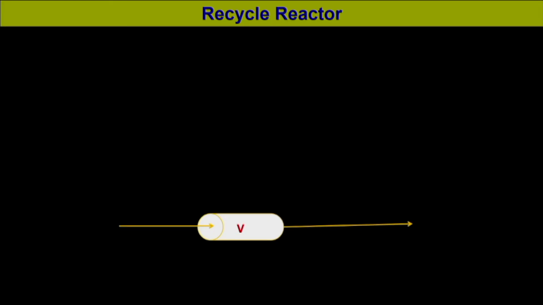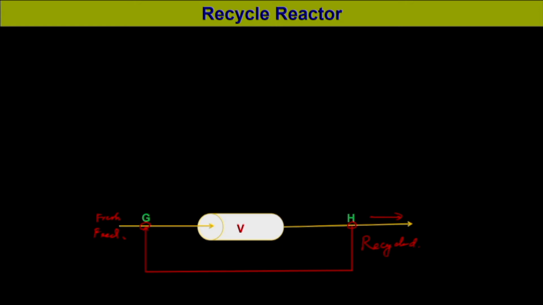Let us consider this is the volume of the reactor V, and part of the product is recycled to the reactor entrance from point H to point G. The product coming out is divided into two streams. One is the product which is taken, and one is recycled which comes to point G, where it meets the fresh feed.